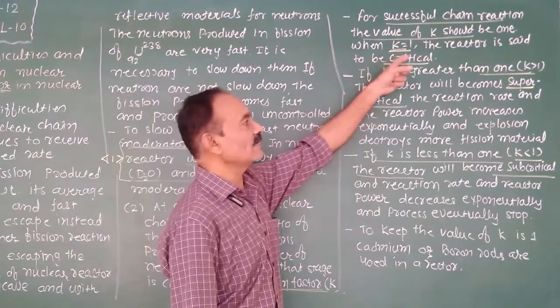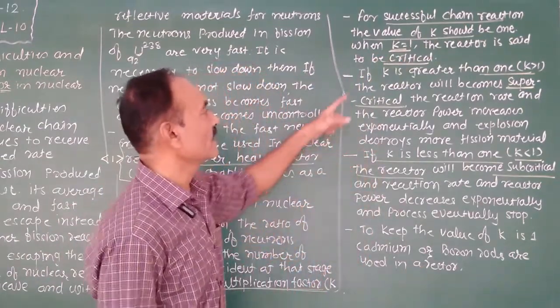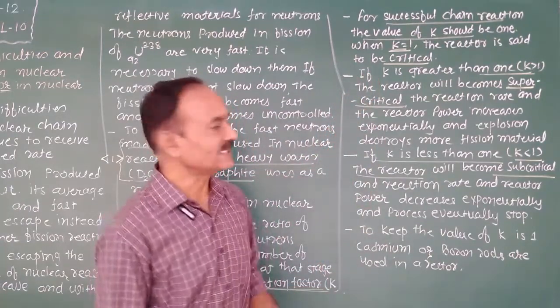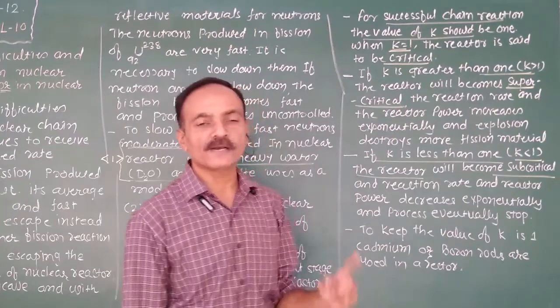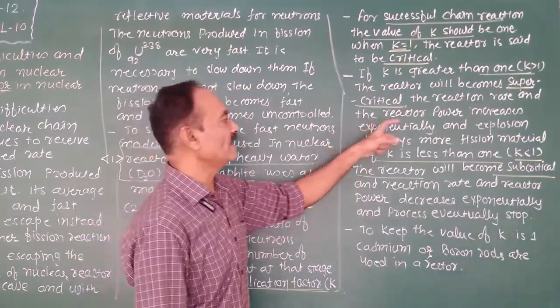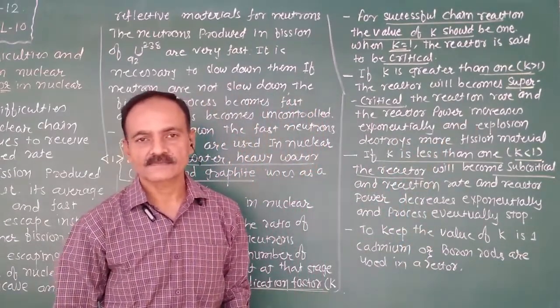And for K equal to 1, the reactor is said to be critical. If K is greater than 1, the reactor is in a supercritical state, and the reaction rate and reactor power increase exponentially and an explosion takes place.